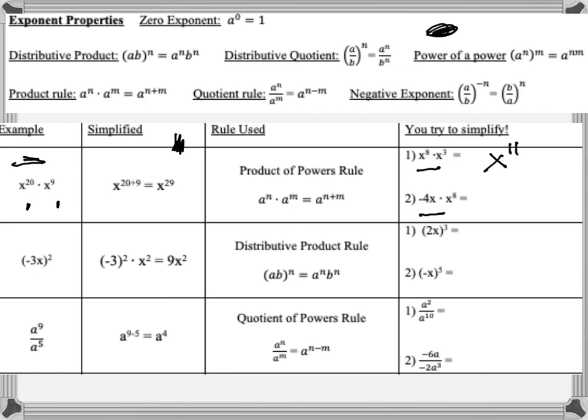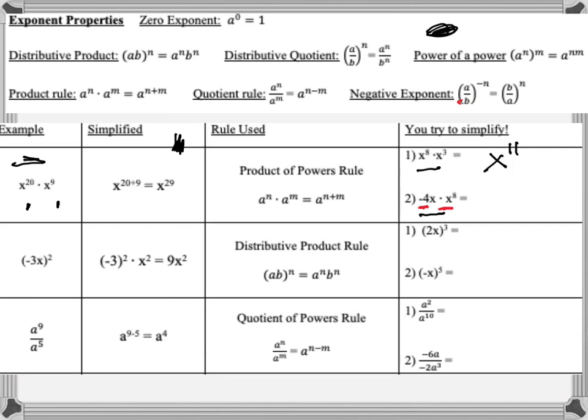In this example, we're multiplying not just these bases, but also there's a coefficient, this -4, in front of this term. So we're going to include that in our answer. If there is no coefficient in front of this term, we treat it like it's a 1.